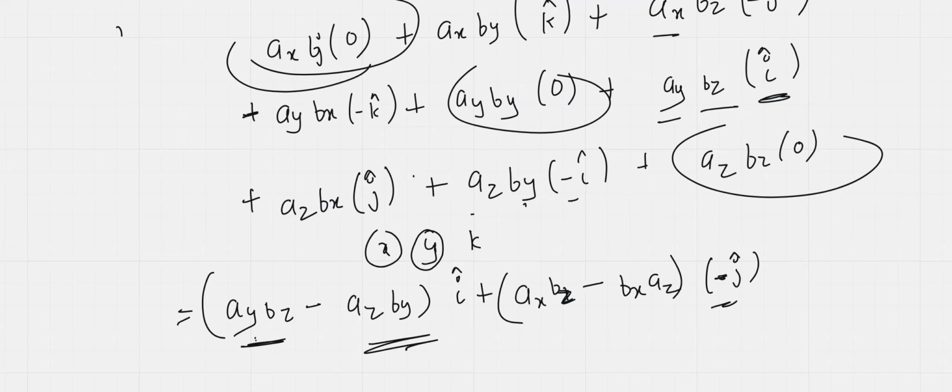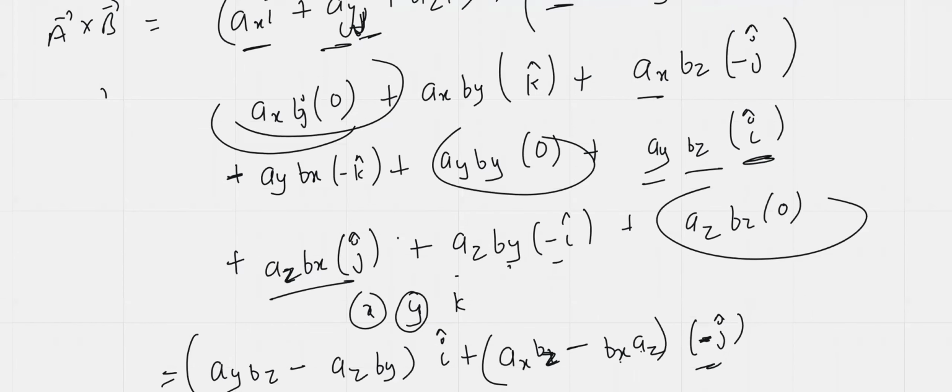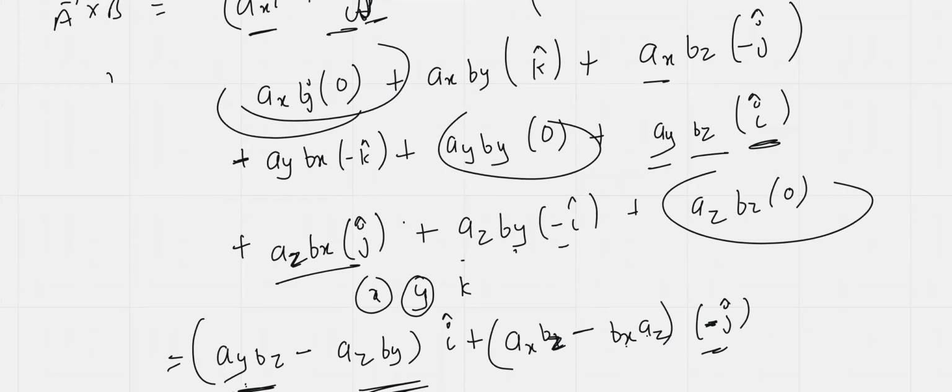And let's go whether it is correct or not. So this is j component. I'll go for the j. So you can see you have a j as AZBX. So this is AZBX because look, there's a negative. So when you multiply this one, you are going to get AZBX. Okay. And another part is maybe here AXBZ. So AXBZ here is negative, but here it is positive. So when you multiply this negative, you are going to get it positive. Is that clear?